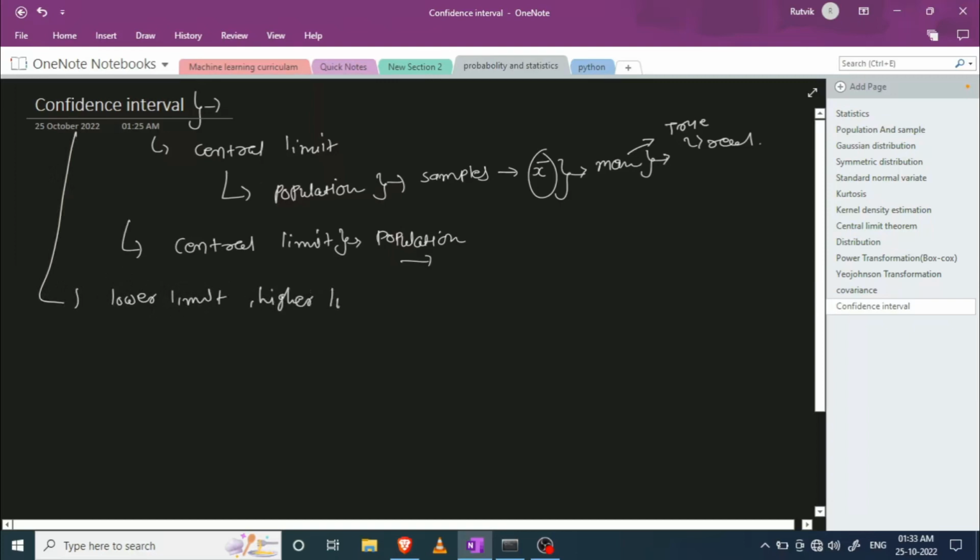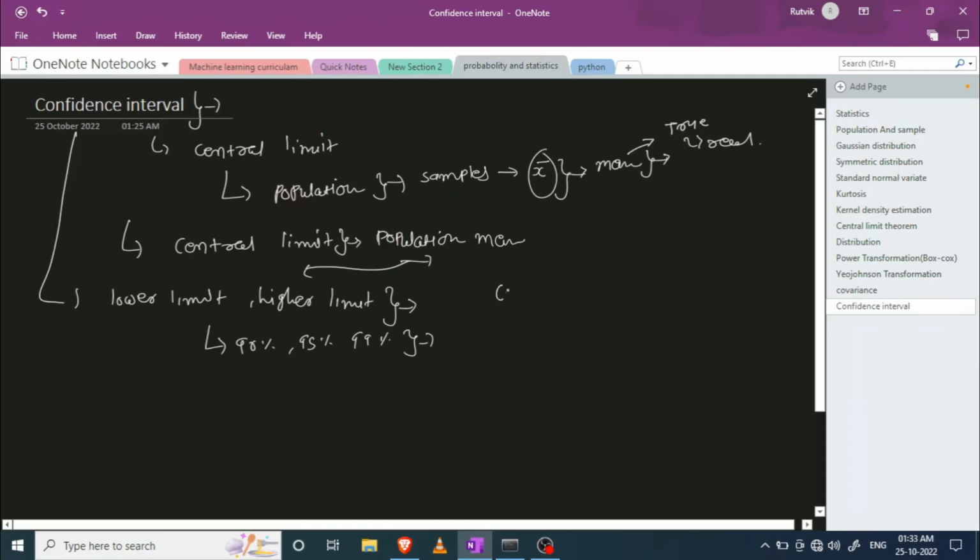We want to check how confident we are that our population mean falls in this interval. Generally, in data science, people check 90%, 95% and 99% confidence that the population mean falls in this range. So let's discuss the formula of the confidence interval first.